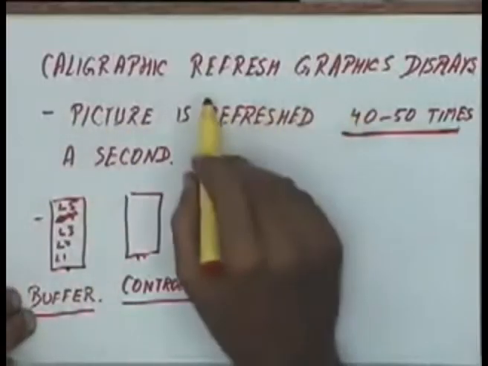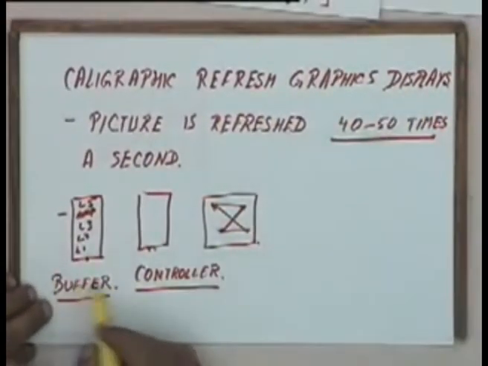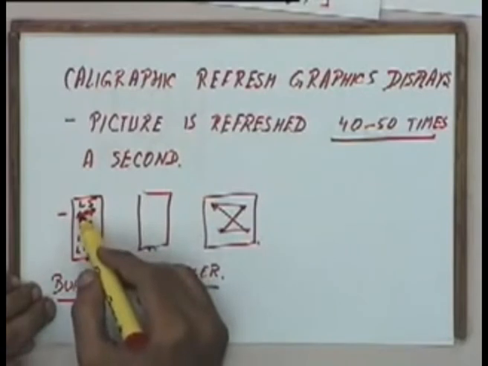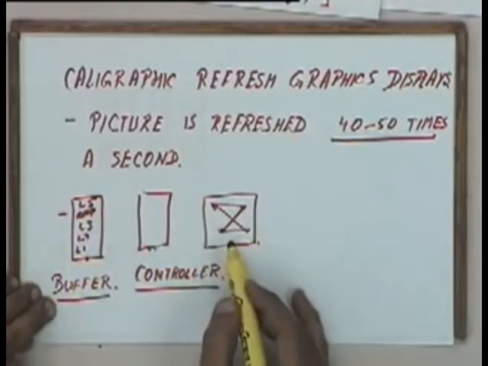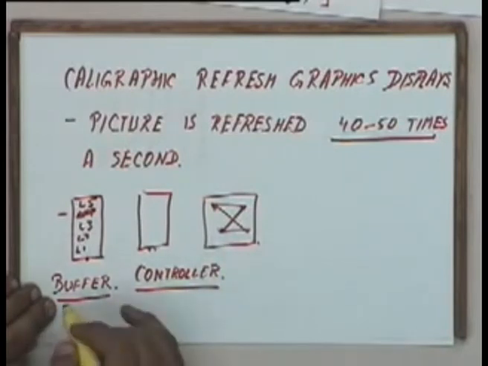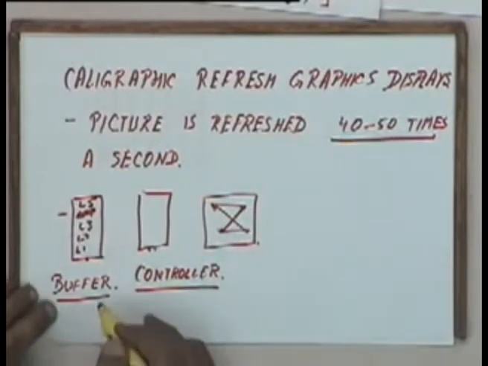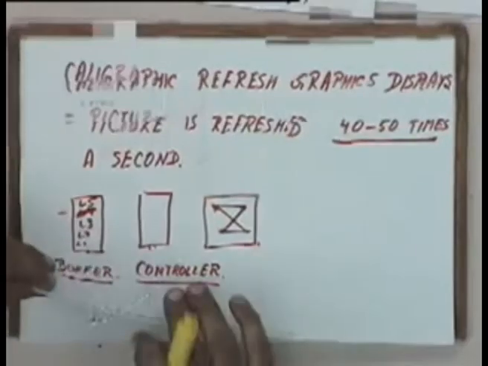You should remember this. In a calligraphic refresh display, my buffer contained a description of these lines, and my controller was reading this description and drawing the lines. But now my buffer has to store information on each of these points.